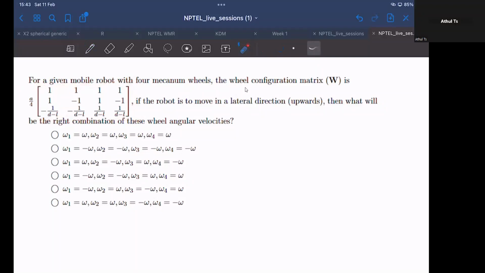If the robot is to move in a lateral direction, upwards, so the direction and the sense of direction is also given, then what will be the right combination of these wheel angular velocities? So as per our course, the configuration of the wheels of a mecanum wheel drive is somewhat similar to like this. We have a robot chassis.